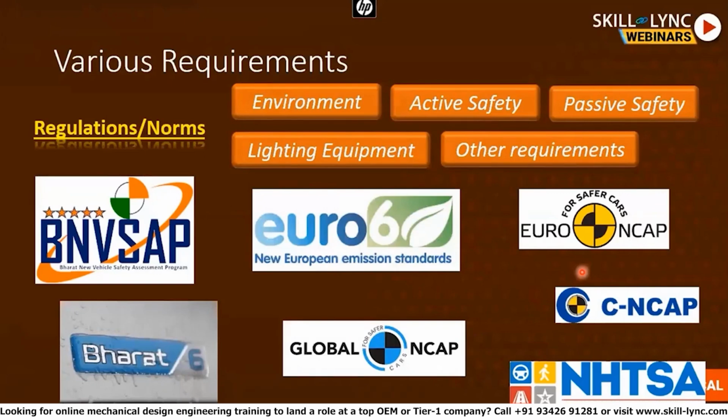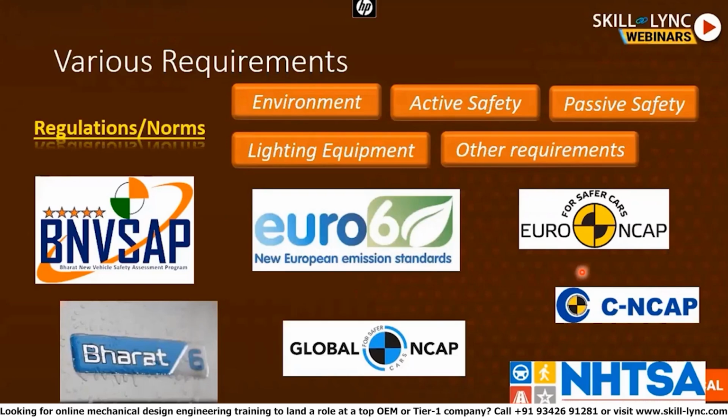Similarly, these NCAPs talk mainly about the safety, the crash-related safety of the vehicle. But there are some norms which talk about environmental safety also, mainly BS6, which we are following right now in India. How much carbon dioxide is allowed to be emitted from your vehicle, and how to control that by tuning your engine, by adding some in-between parts which trap the carbon dioxide.